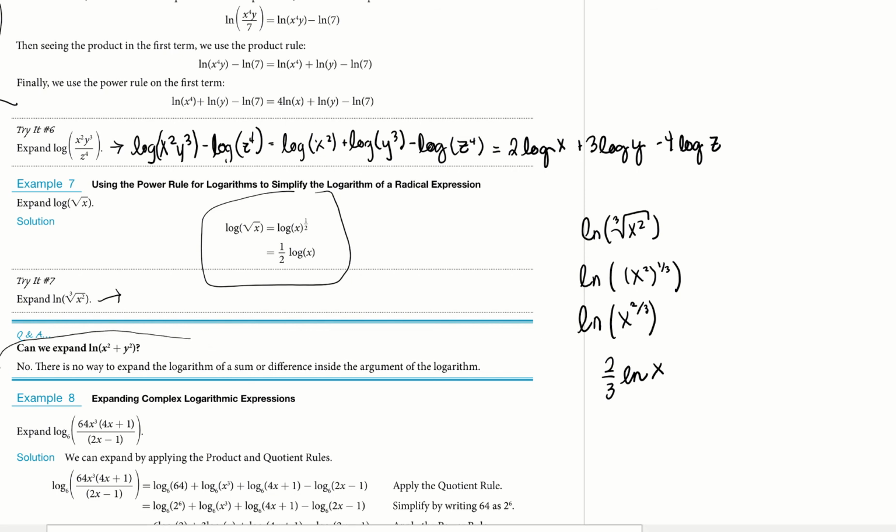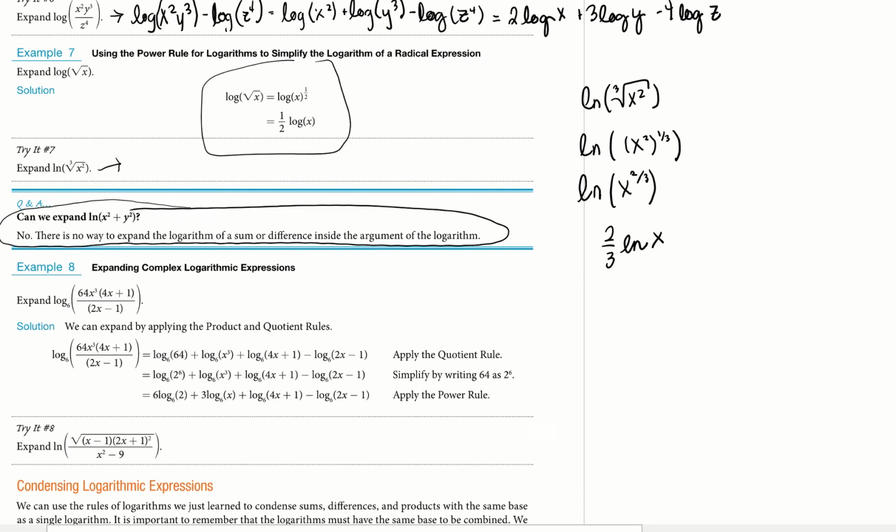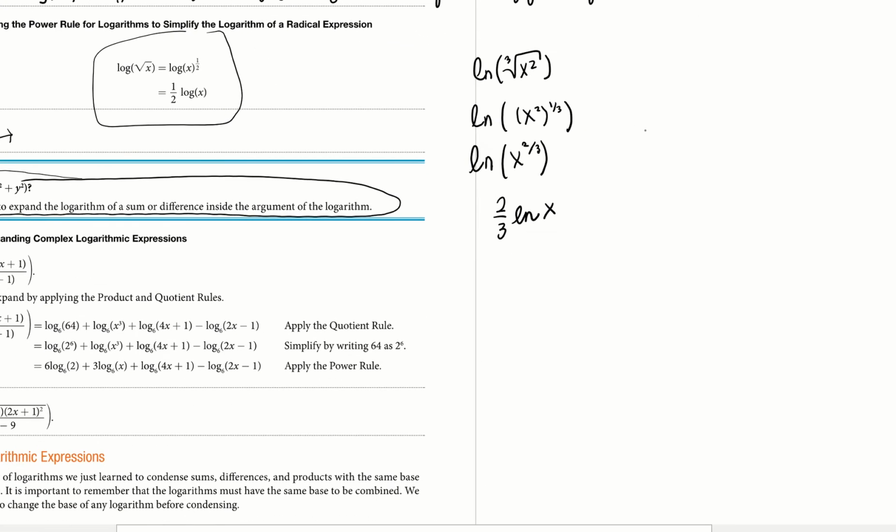Notice you cannot expand anything with a sum or difference inside. That's where you have to stop. So if I had, let's say, ln of the cube root of x plus y, then that would be ln of x plus y to the 1/3.